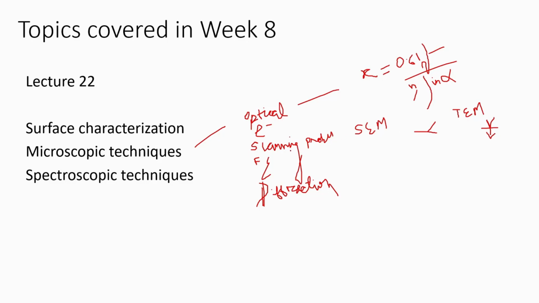And then we discussed scanning probes. There are two types of microscopes that use the scanning probe principle, the STM, also called the scanning tunneling microscope, and the AFM, or atomic force microscope. Both of these have a small detector tip which scans over a surface.